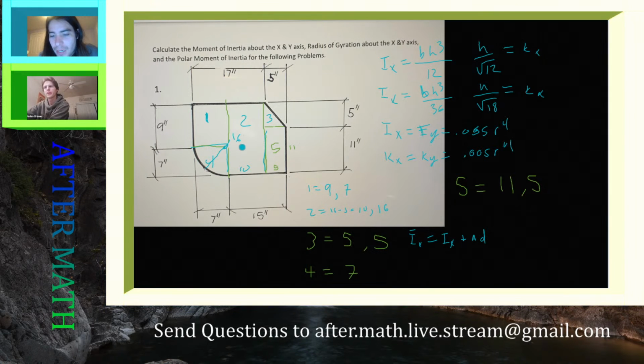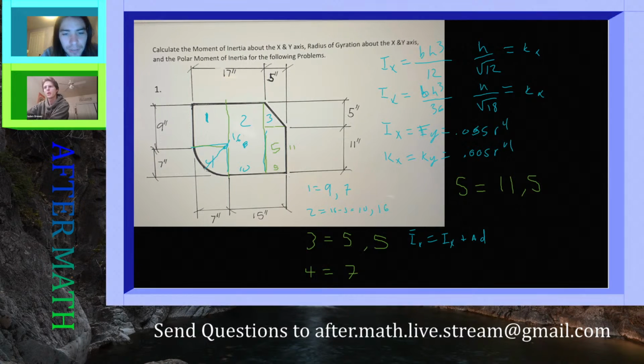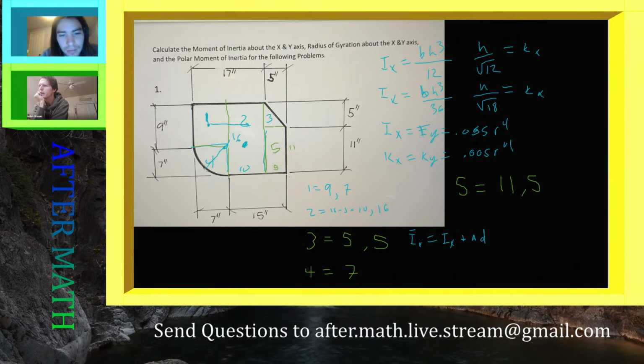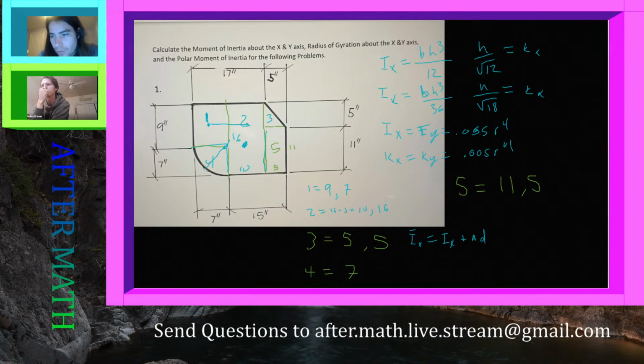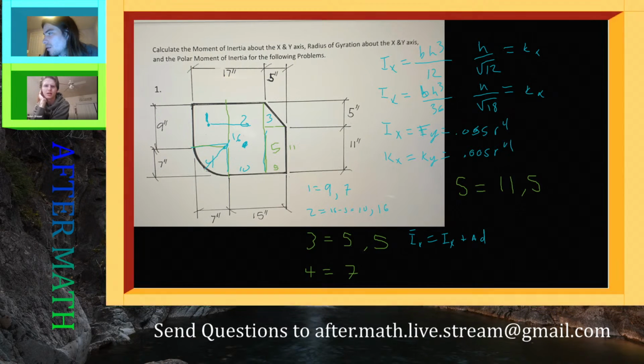So for example, if this is the center of this thing and this is the center of this one here, we need to find this distance. Which I'm assuming is gonna be what we're solving for. Maybe. I don't know. Still a little confused here. That would be the radius of gyration, right? Or no? I don't know.